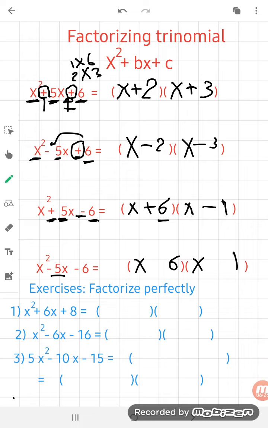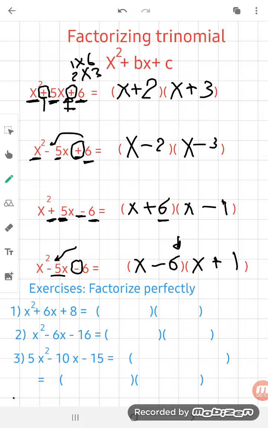The last sign is negative, so the two signs are different. The greater number takes the middle sign, negative, so put here negative and here positive. Okay, now we have studied all cases for this type of factorization.